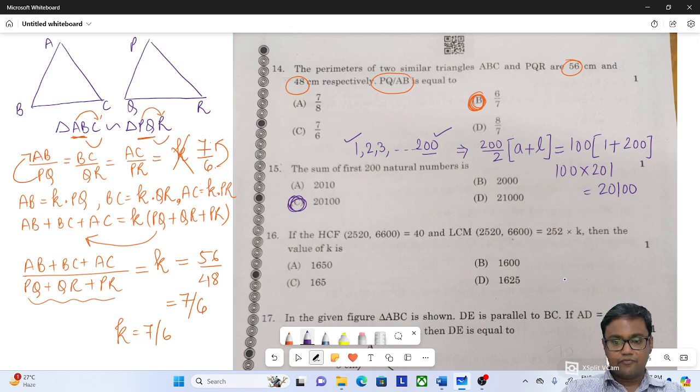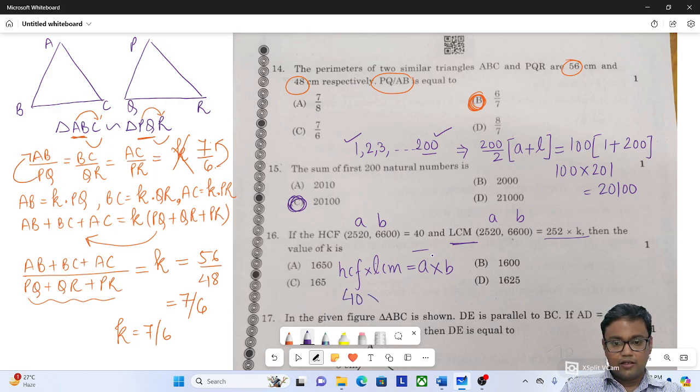If HCF and LCM are 40 and 252 into K for the two numbers 2520 and 6600. So we know the famous relationship between HCF and LCM from chapter number 1, Real Numbers: the product of the two numbers. And here are the two numbers, जिनका कि HCF निकाला गया है, LCM निकाला गया है.